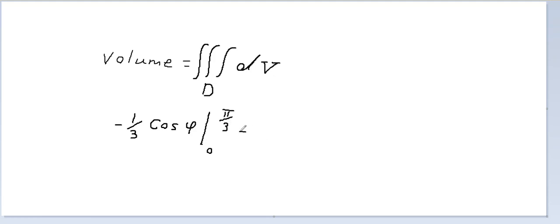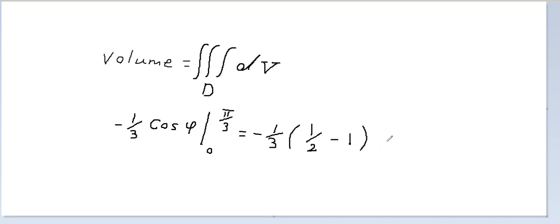This equals minus 1/3 times, cosine pi over 3, which is 60 degrees, is 1/2, minus cosine 0, which is 1.